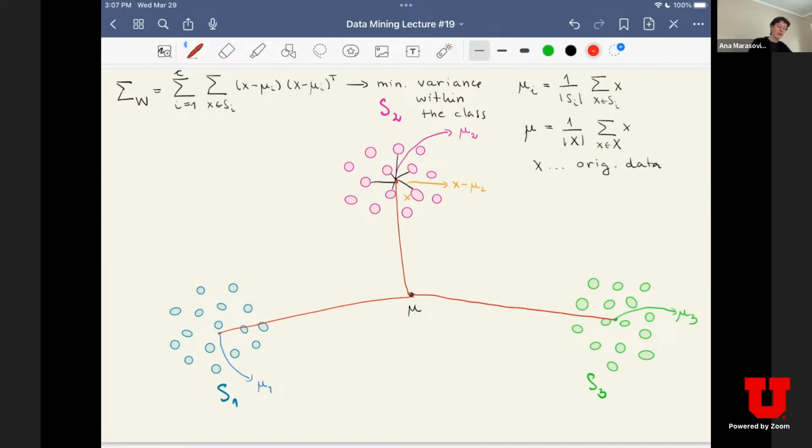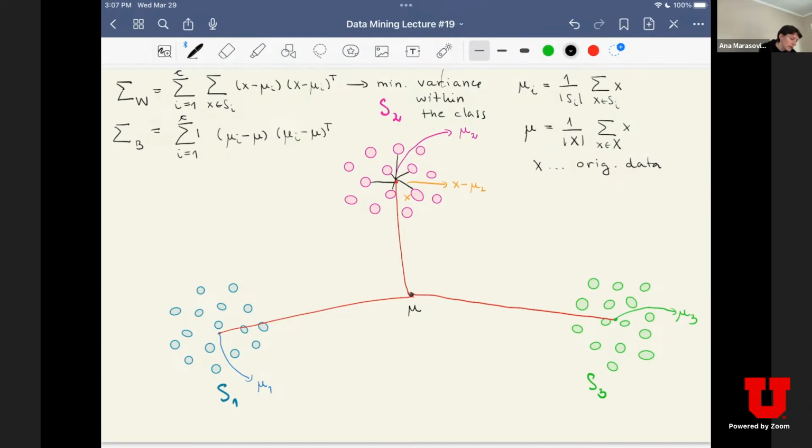We can do that by defining another scatter matrix, and this is going to be the in between class scatter matrix, sigma B, where B stands for in between. We are going to again sum over each one of these subsets of the data. We have C of them for C classes. Then we are going to do again the outer product of mu i minus mu. So we are looking at the distance between each of the class means and the mean of the entirety of the data, and making the outer product, because the outer product gives us the variance, right?